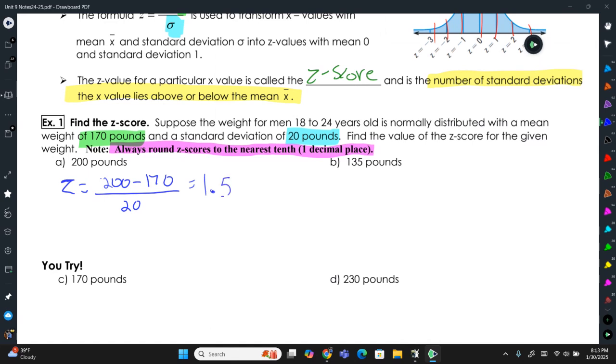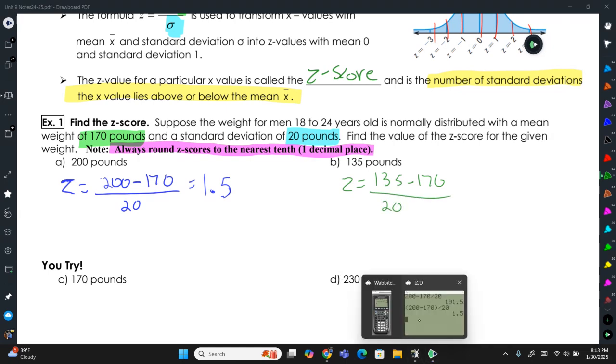So that value of 200 pounds is 1.5 standard deviations above the mean. 135. Okay, so let's do z equals 135 minus 170 over the standard deviation, again, is 20.